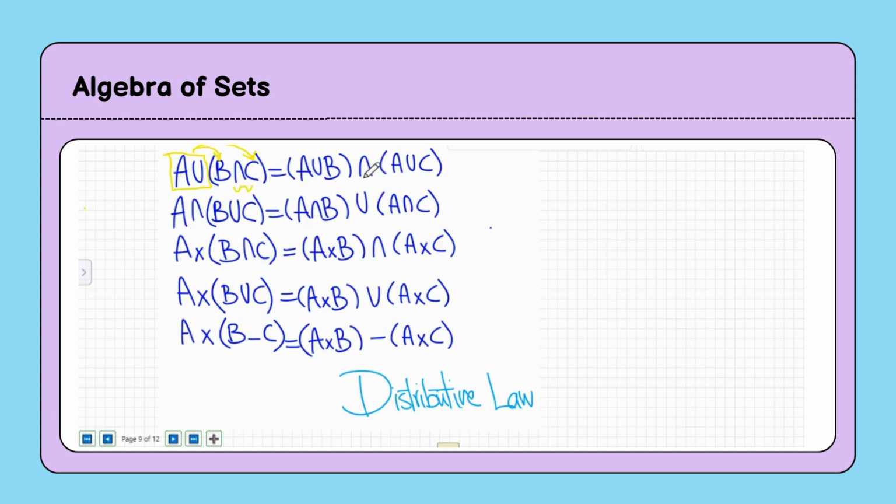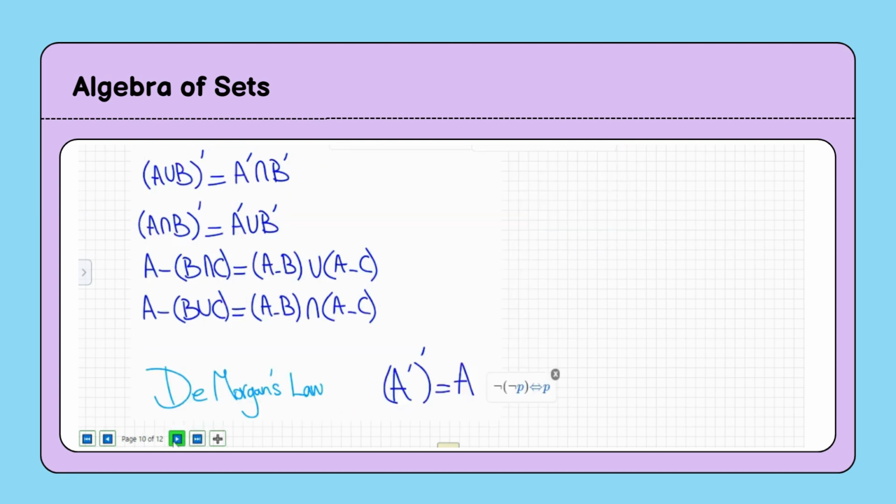So what you do is, as you can see, I draw it here, you have A union B, A union C, and the intersection goes in between two parentheses. The same goes with all the others that you can see here. This is interesting because if you try to, not memorize, but see the reason behind it, it goes backwards as well, like you factor an intersection or a union.